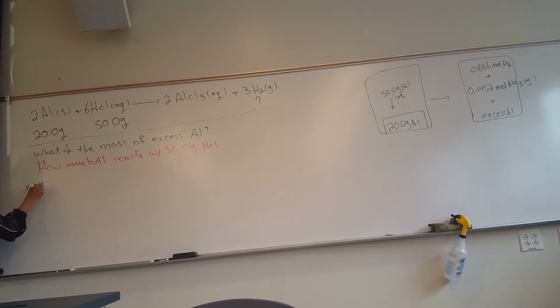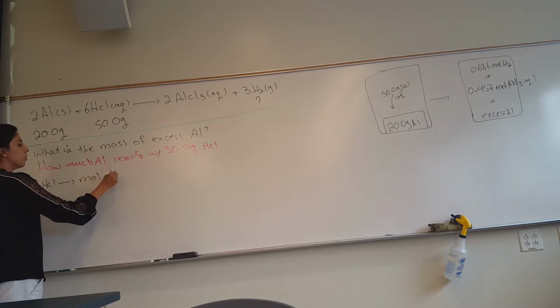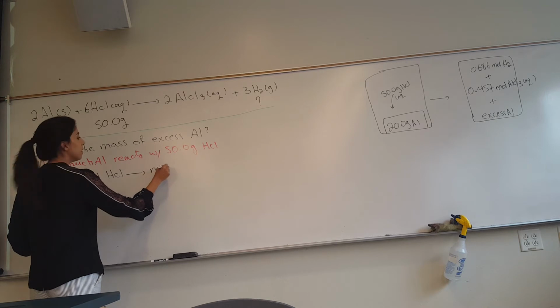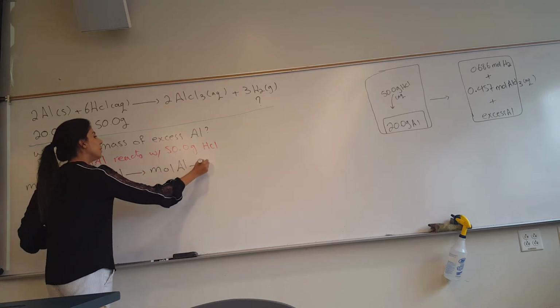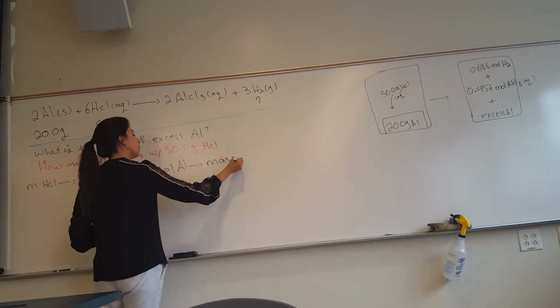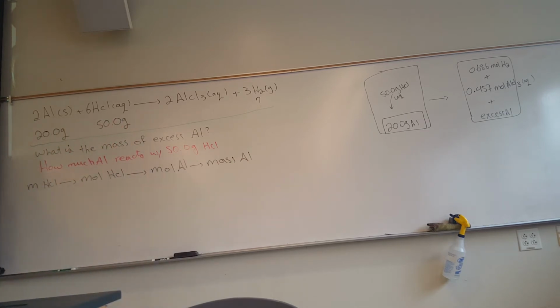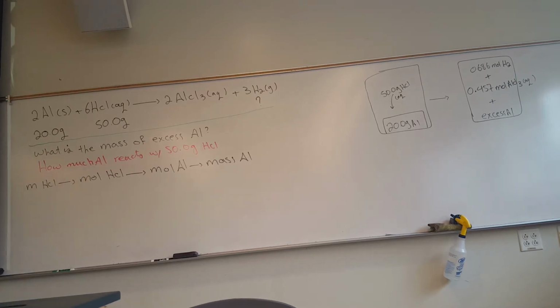From the mass of hydrochloric acid, I'm going to find moles of hydrochloric acid. Once I find moles of hydrochloric acid, I'm going to find moles of aluminum, and then I'm going to find mass of aluminum. This would give me the mass of aluminum metal needed for 50 grams of hydrochloric acid. And I do this because I already know which one is limiting and which one is excess.